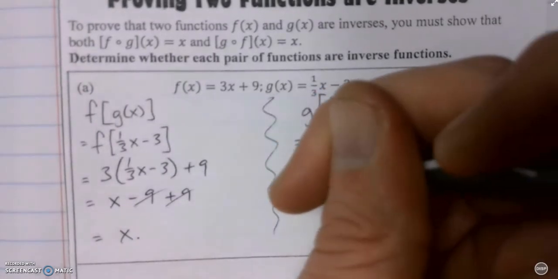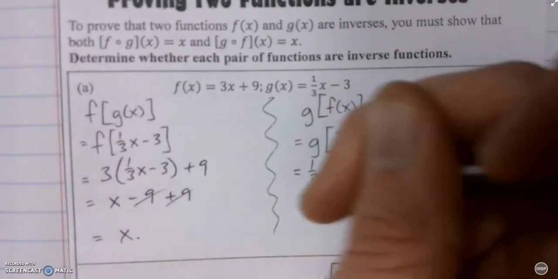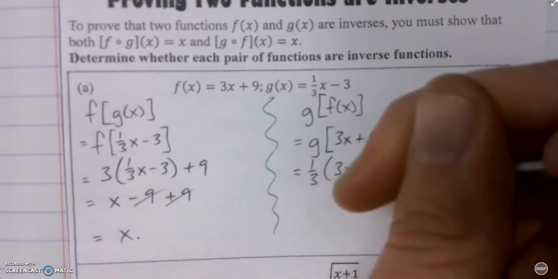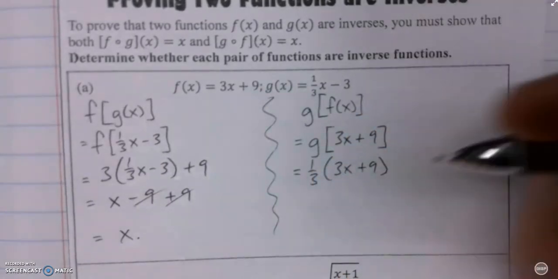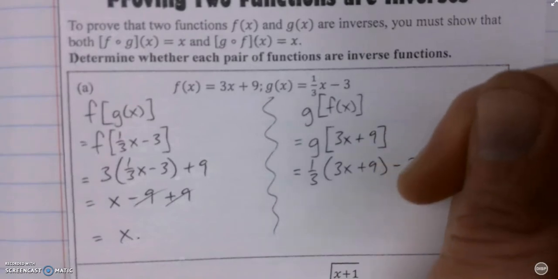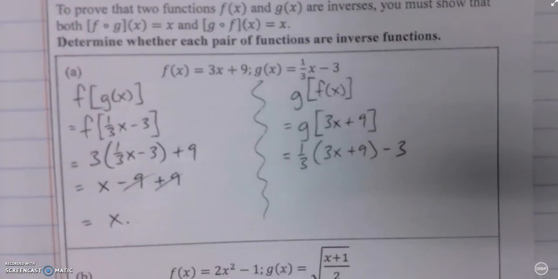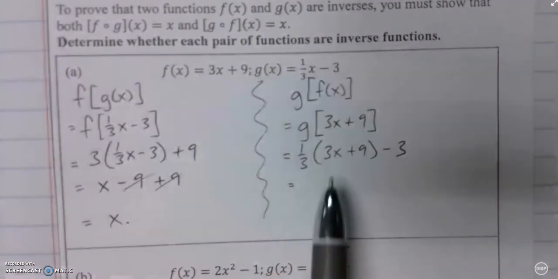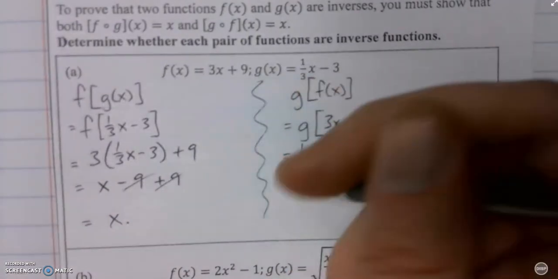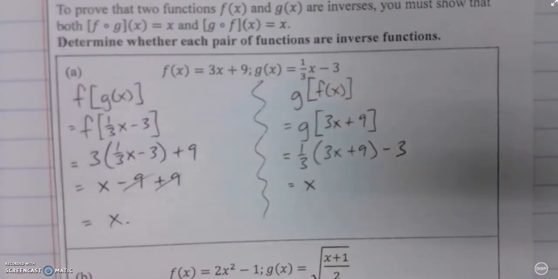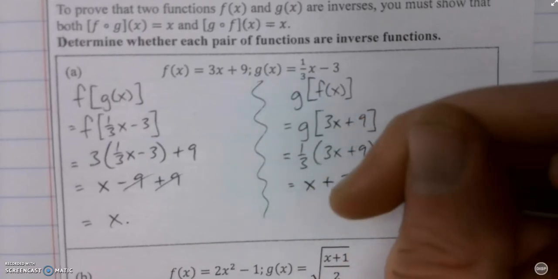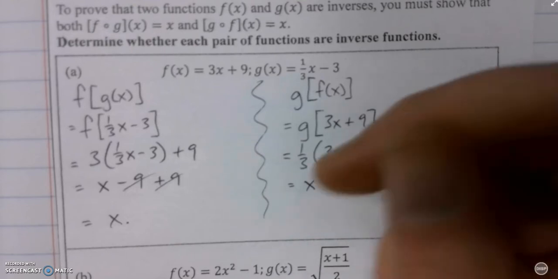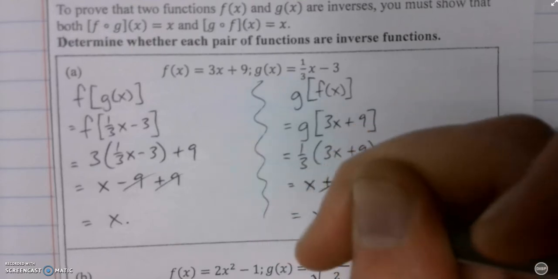So I need 1/3 of 3x plus 9, and then minus 3. Now 1/3 distributed into this term, 1/3 of 3x is x, 1/3 of 9 is 3, and then I've got my minus 3. And guess what? That's also x.